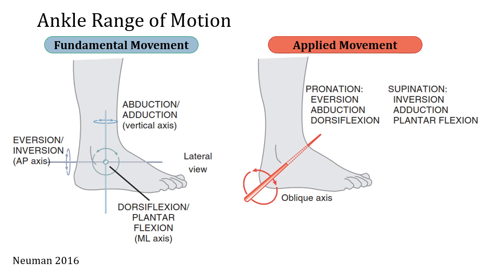The purpose in presenting this is, one, so that we're all on the same page as to the planes of movement that the range of motions of the foot and ankle occur in, and what the terminology is when we're talking about inversion, eversion, abduction, adduction, and so on and so forth.